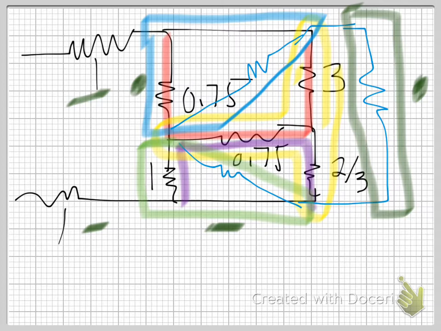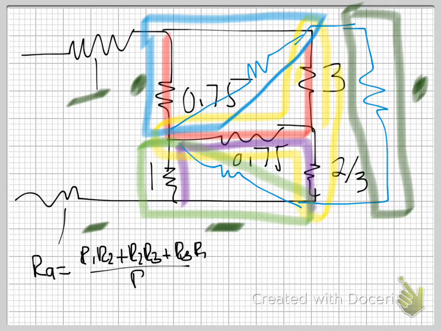Okay, this is going to be a very annoying one. So when we're going from Y to delta, we have RA is equal to R1 R2 plus R2 R3 plus R3 R1, over R1.